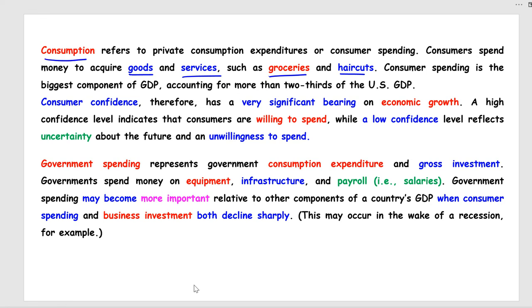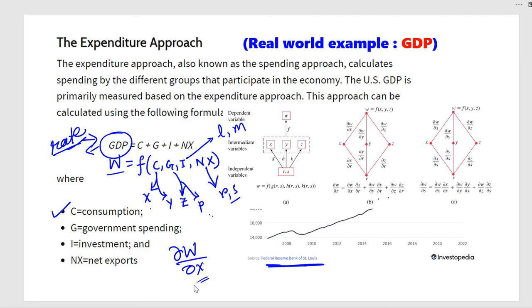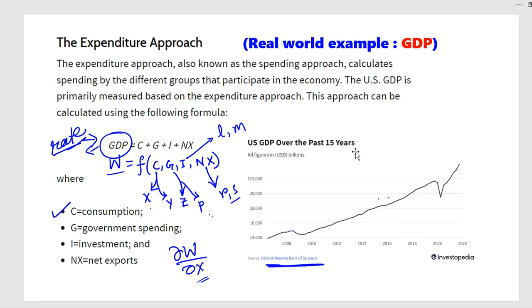So this is consumption. This C is a function of, for example, some x and y, where x denotes the groceries, the goods, and y denotes the services. Similarly, government spending, G. The government spends a lot of money on students and faculties, and also roads, transportation, railway, all other things. So G means the government spending, and I means investment.